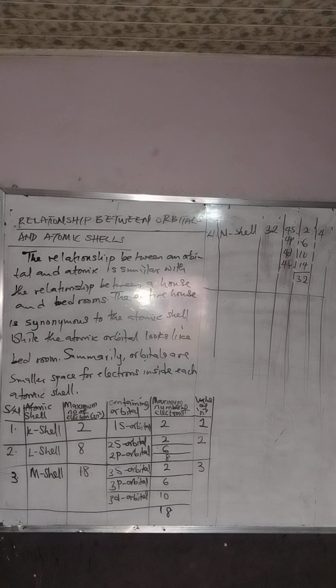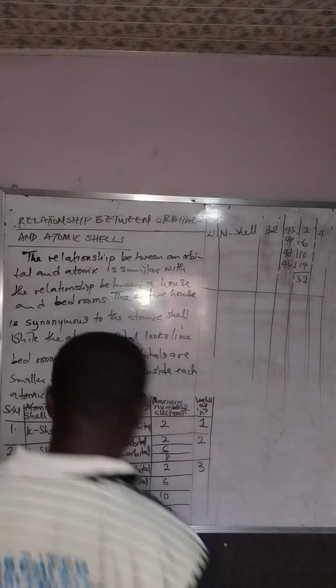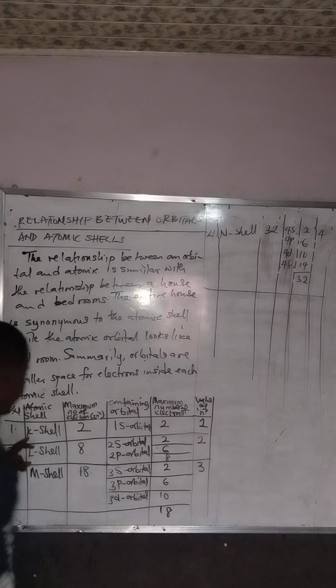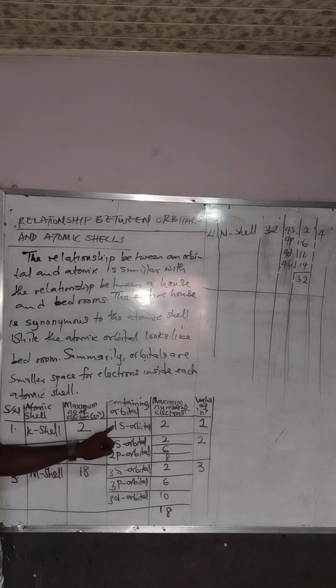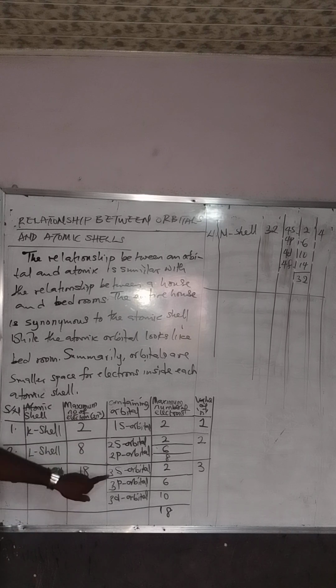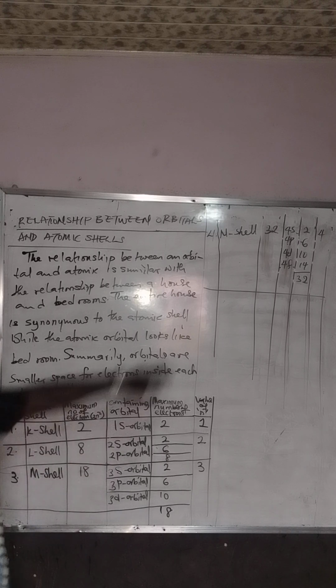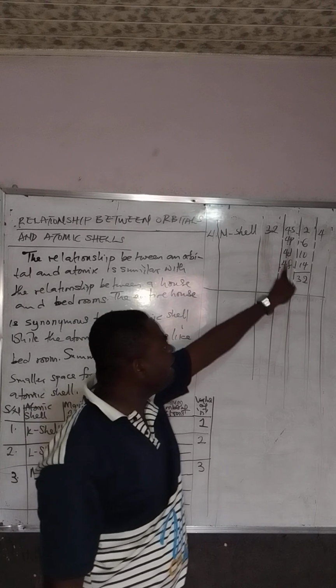So you can see the relationship now between atomic shell and atomic orbital. Inside a shell, you have orbitals. K shell has only one orbital, which is 1s. L shell has only two orbitals, that's sp. M shell has spd, while N shell has spdf.